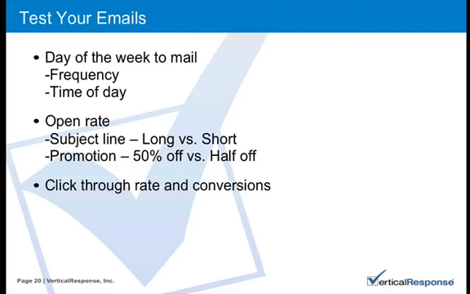But if you want to test things like a subject line or your open rate or click-through rate, the subject line has an impact on your open rate, how you phrase what's in your subject line. If you put a promotion in your subject line, there's a lot of things that can impact your open rate.